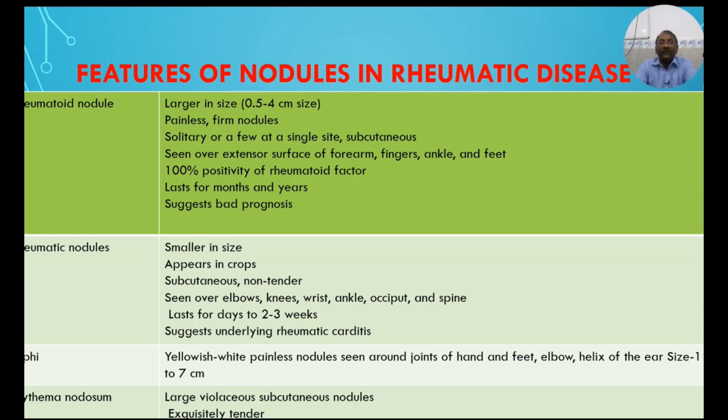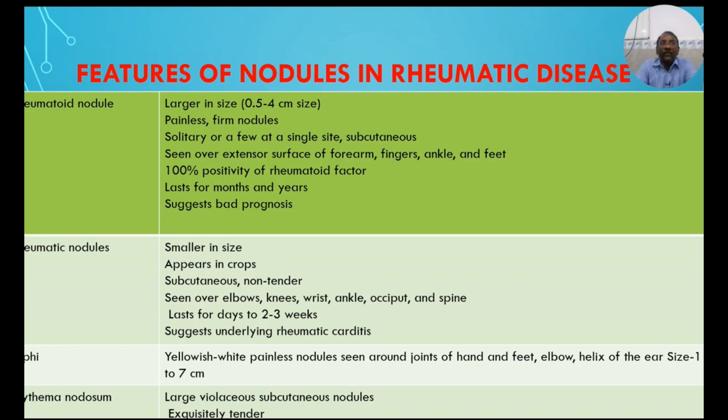They are painless, firm nodules, single or a few at a single site, subcutaneous mostly, seen over the extensor surface of the forearm, fingers, ankle and the feet. 100% positivity of the rheumatoid factor. Lasts for months and years. And the last one is very, very important: it suggests bad prognosis, aggressive disease.